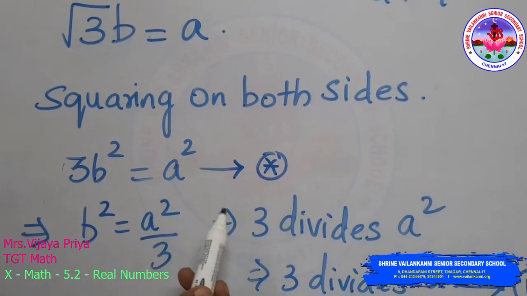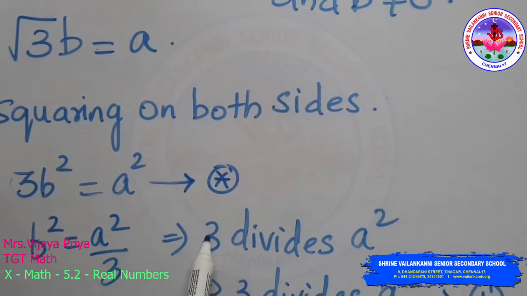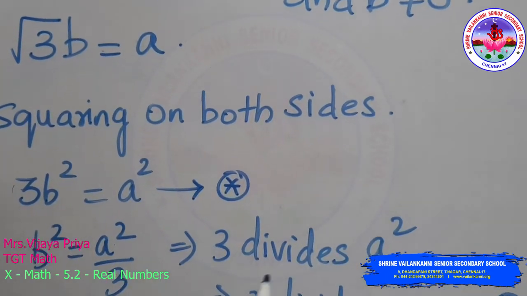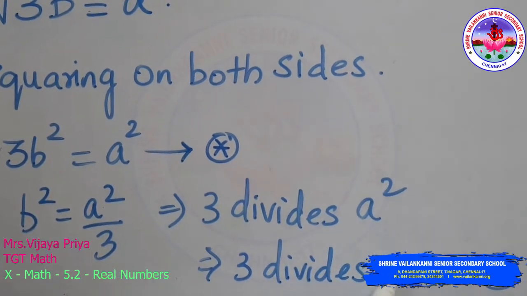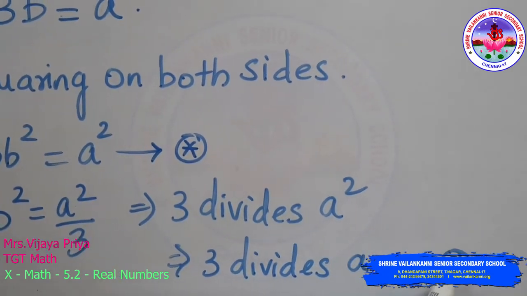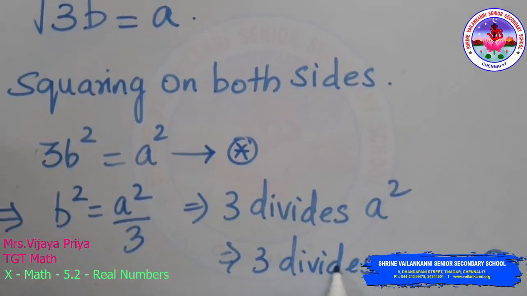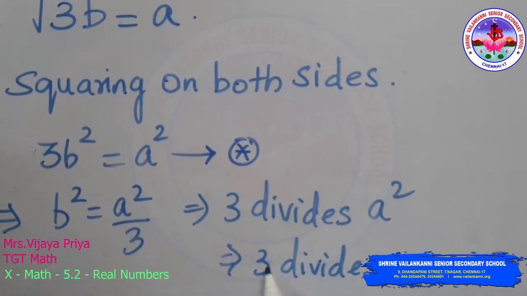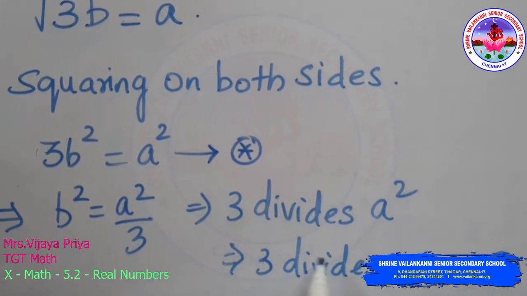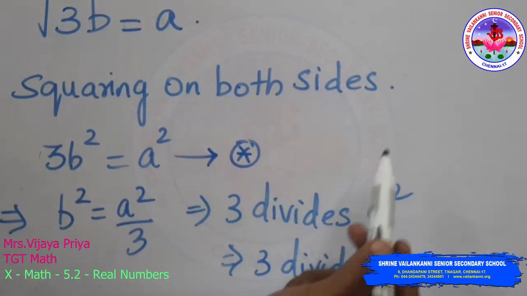I am going to use the second property. If 3 divides a squared, 3 should divide a. Calling this my equation 1. This statement assumes that a should be a multiple of 3. So I am writing a is equal to 3c here.